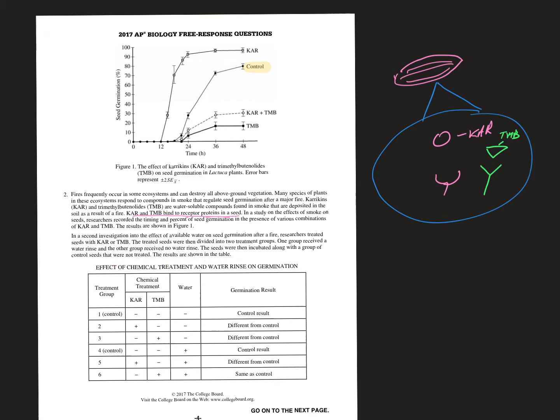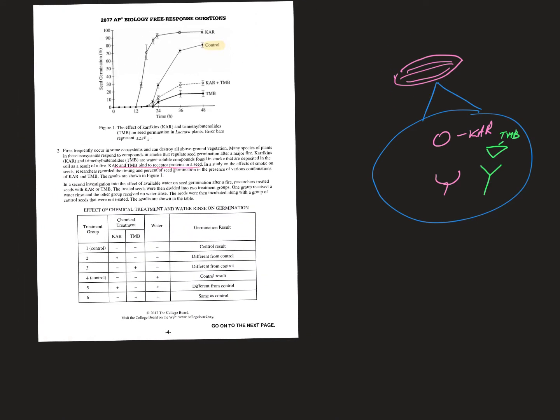All right. So as I read this, I'm looking at germination results. I'm seeing treatment group 1 is the control, so there's no TMB or KAR or water, and I have some control result. Group 2 is a treatment group, has KAR, no TMB, no water. Is it different from the control group?